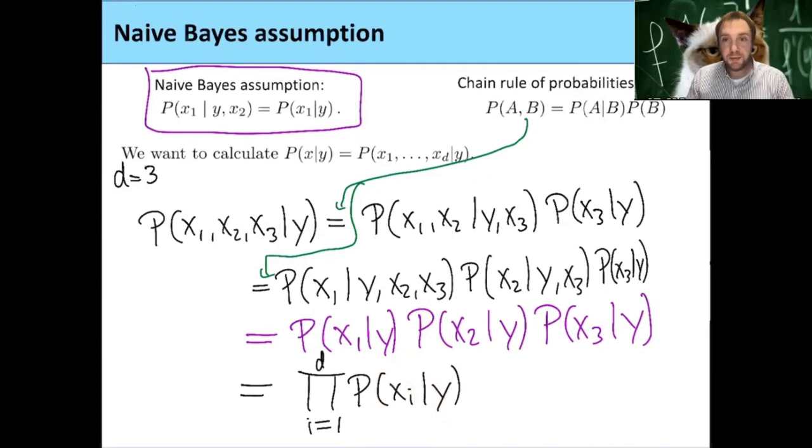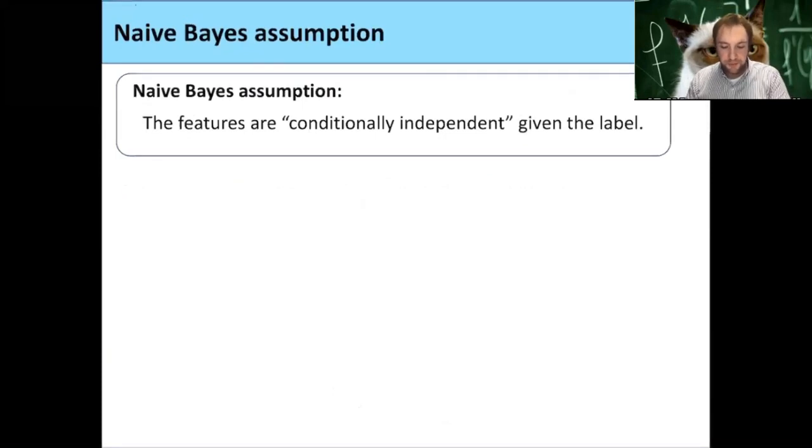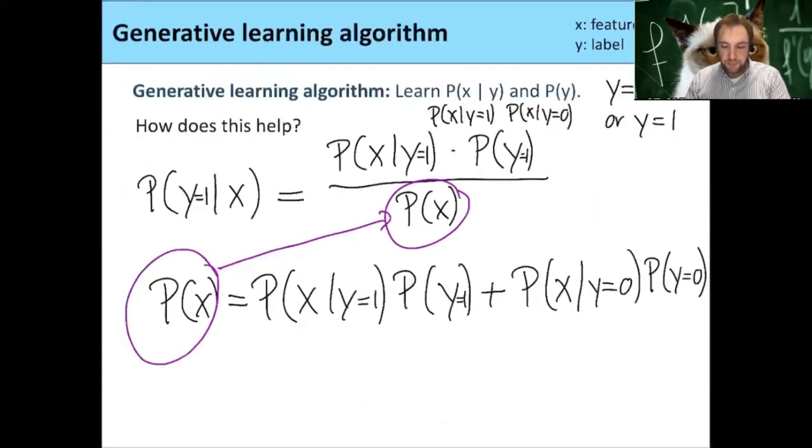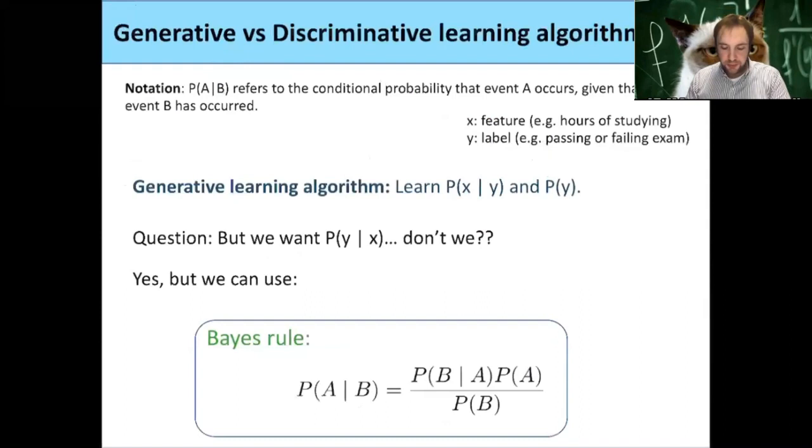Maybe it's a little bit confusing at the beginning. So again, let me go back to the beginning. What we are doing right now is we try to calculate this guy here. Given the label, in our case spam or not spam, what is the probability that these words are contained in this email?